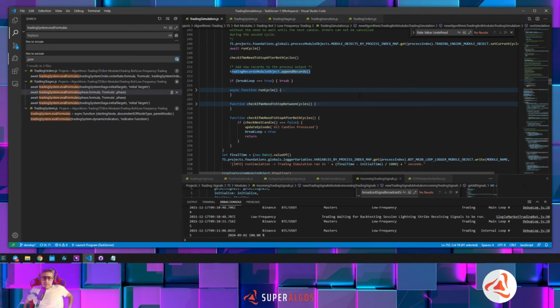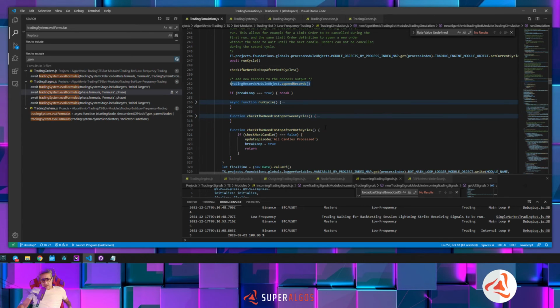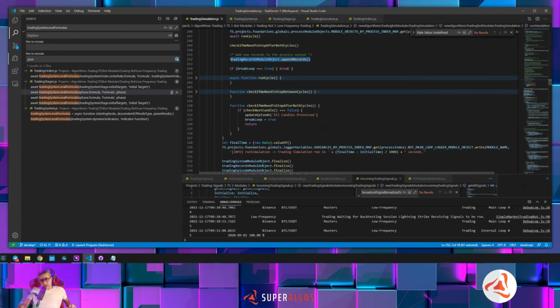But this append records is done at every loop cycle. So that doesn't explain really why.